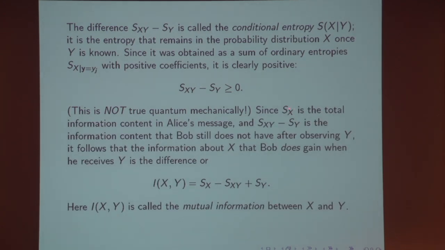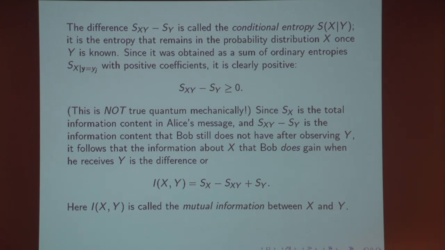Now, since S of x was the original information content in Alice's message, and S of xy minus S of y is what Bob didn't learn by observing y, it follows that the information that Bob does gain when he hears y is the difference, which is S of x minus S of xy plus S of y, and that's called the mutual information between x and y.